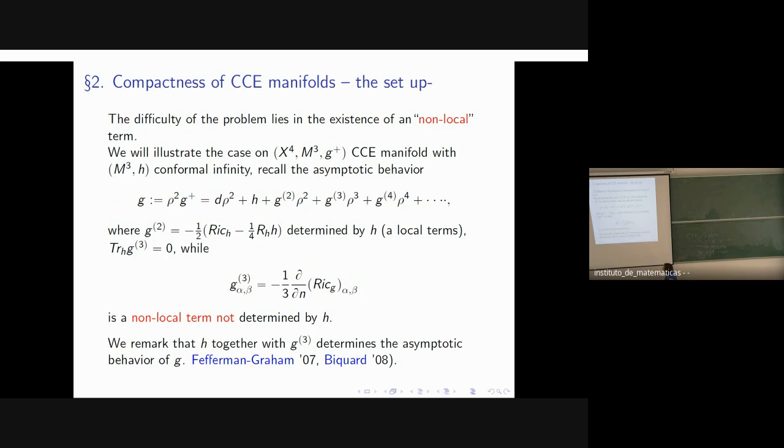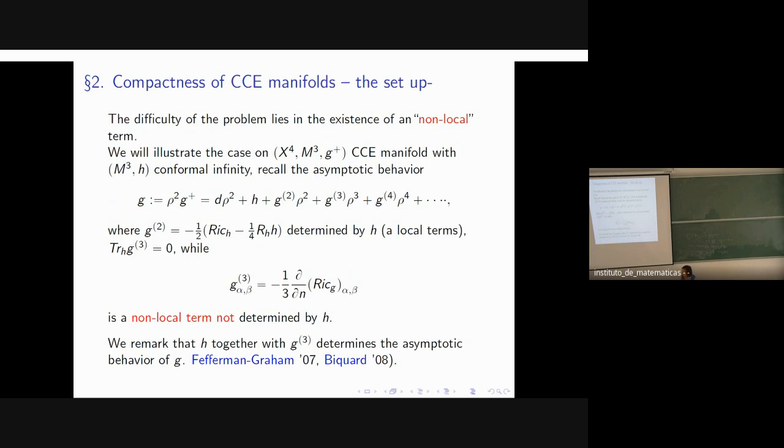So the problem we are formulating is: suppose we know h, then under what condition do we know g₃? If we already know this is a CCE manifold that exists with g inside, does that mean g₃ is already conformal?